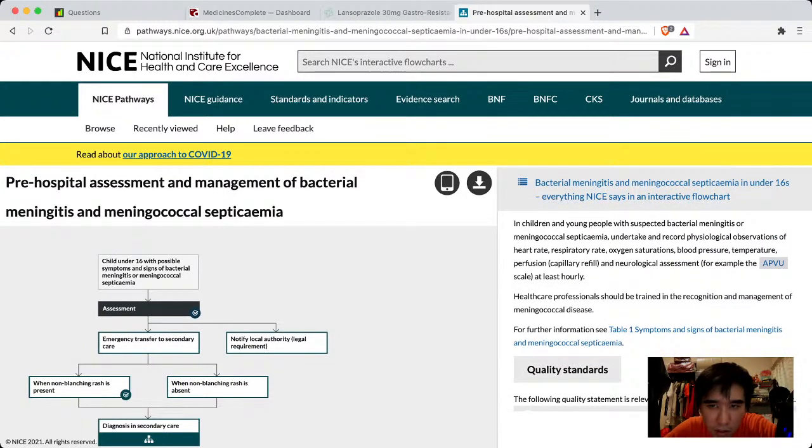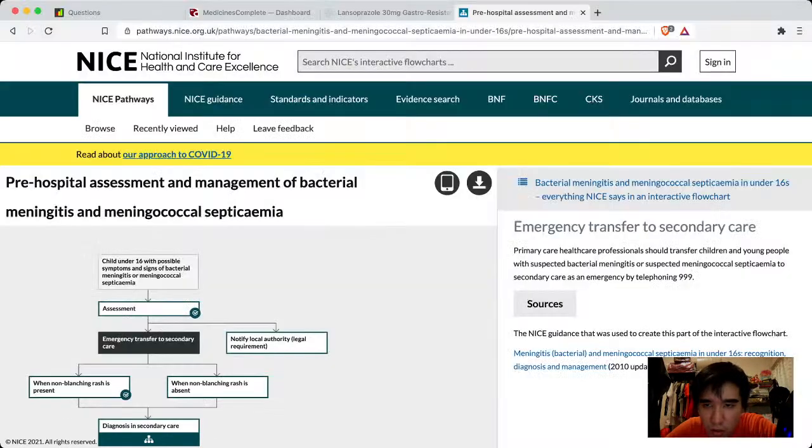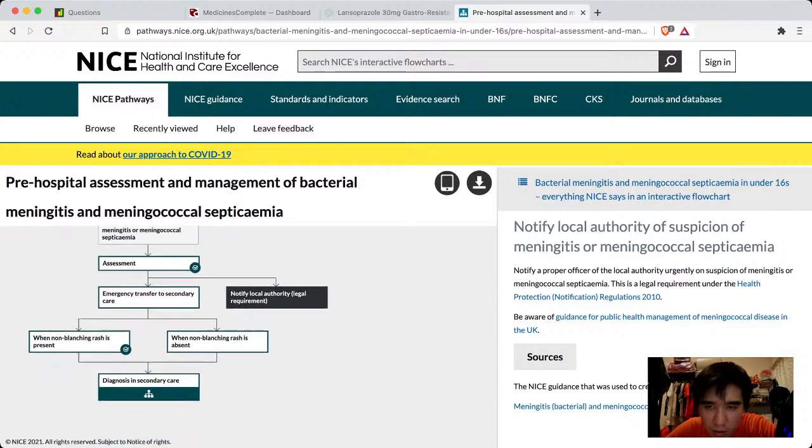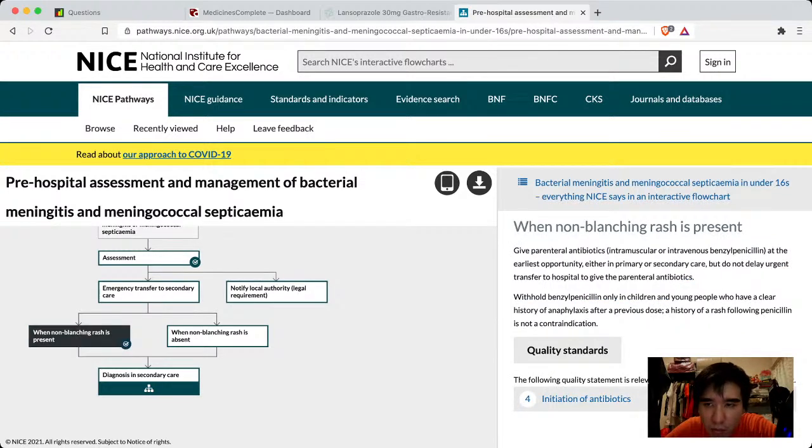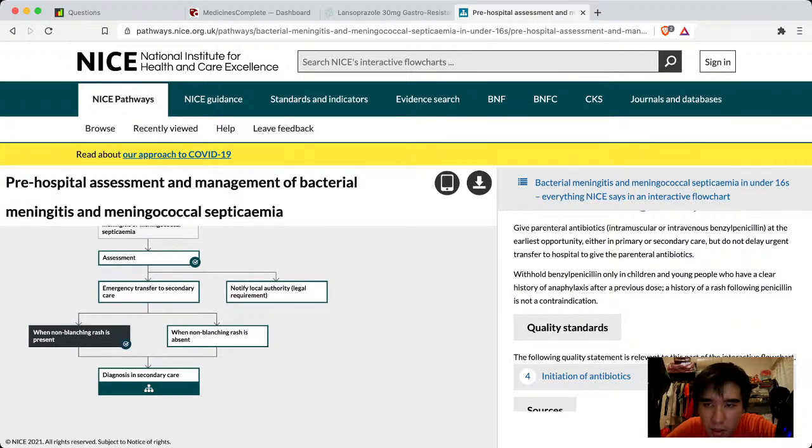There's mostly history and examination, transfer to secondary care, and notify because it's a notifiable disease. When a non-blanching rash is present, you want to give IM or IV benzylpenicillin.